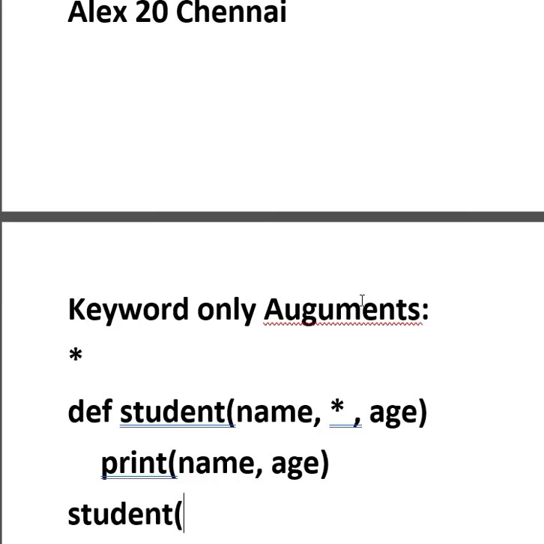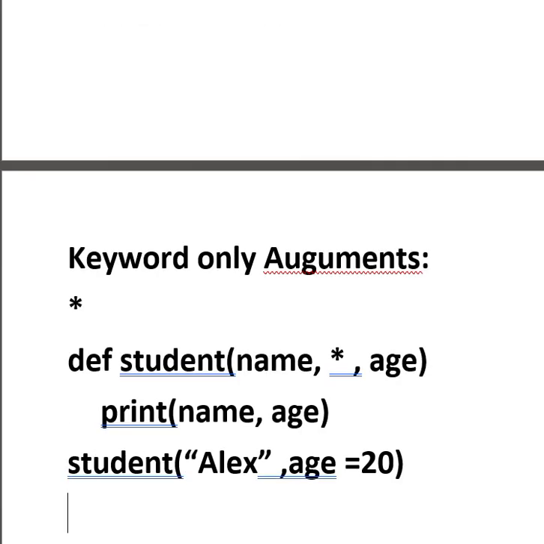First one is Alex. Second one is age. Age is equal to 20. What is the output? This is the correct form of the keyword only argument.